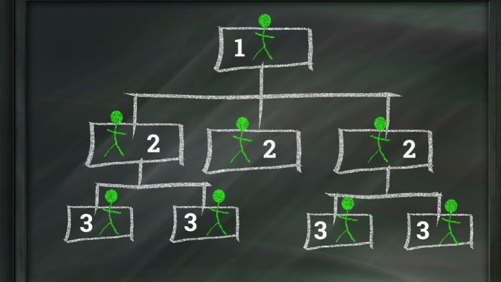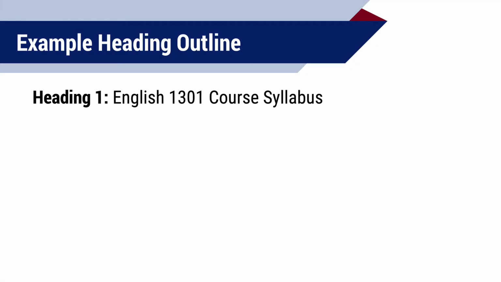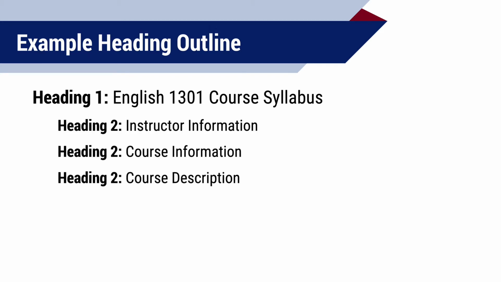To put that into common college context, here is an outline of the headings from the example syllabus. There's just one heading 1, like I mentioned. And in this example, that heading 1 is the document title, English 1301 Course Syllabus. Heading 2s are used for all the main topics in the document. Here, that would include things like instructor information, course information, and course description.